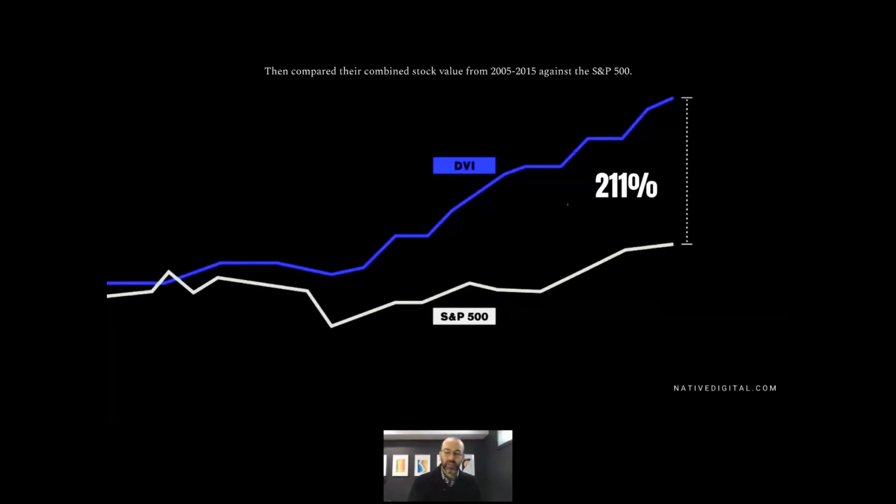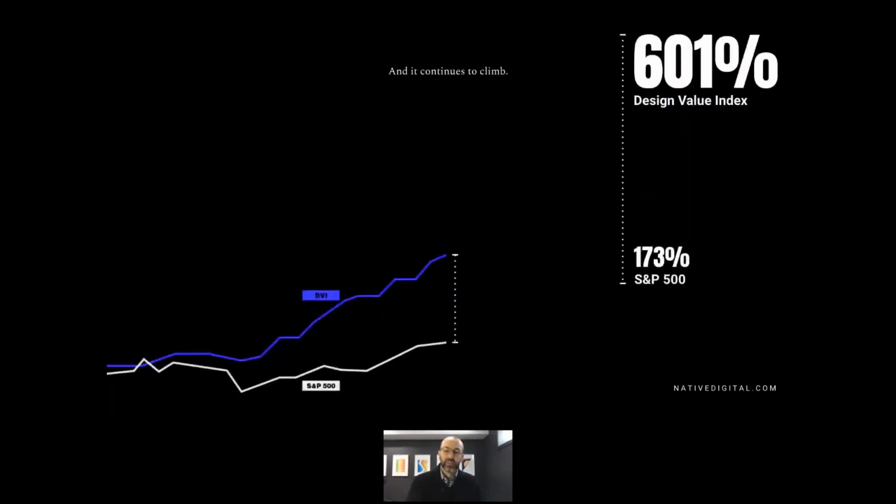So we continued it and wanted to see, did they stop it because it actually didn't hold up? Or did they stop it because they moved on to something else? So we continued this study and traced it all the way up to last year. And it has outperformed even more so. The S&P 500 has grown at this point, when we measured it, 173% based on where they stopped 5 years ago.